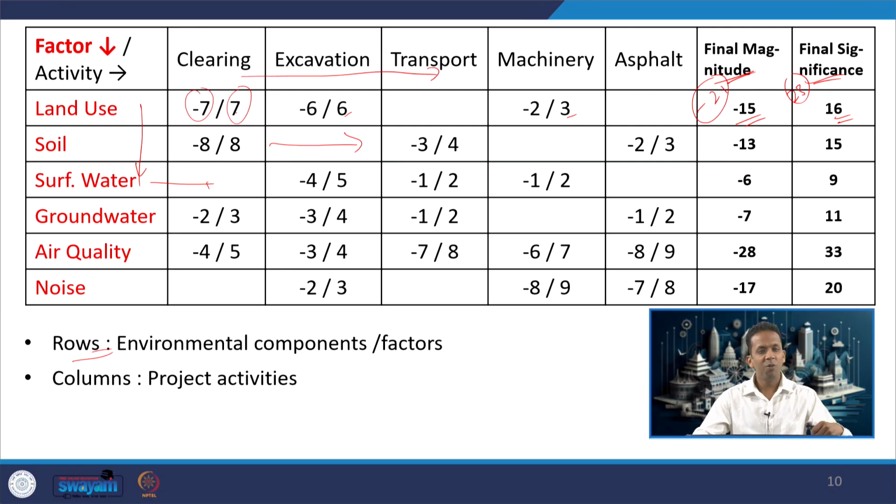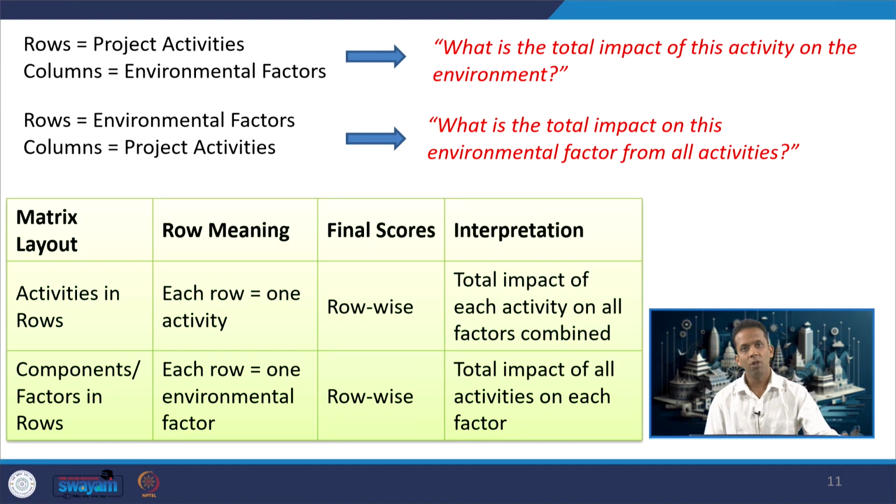It does not matter where the factors and activities are placed, the final magnitude and significance will be calculated like this, but there is a meaning which these values convey in each of the two types. Suppose the activities are in the rows, and the second option is the environmental components or factors in the rows.